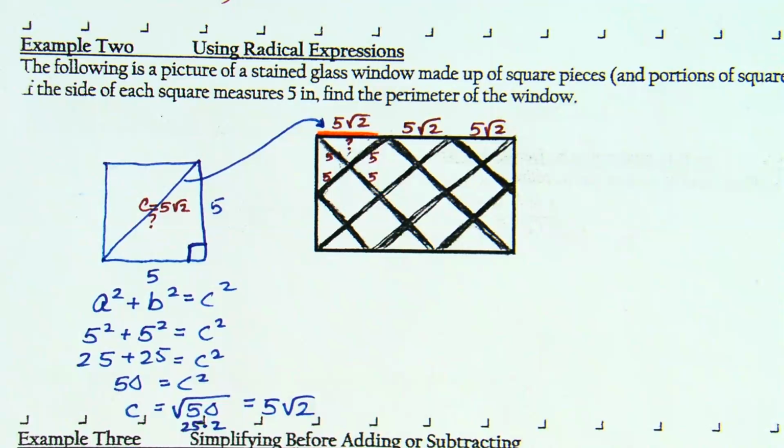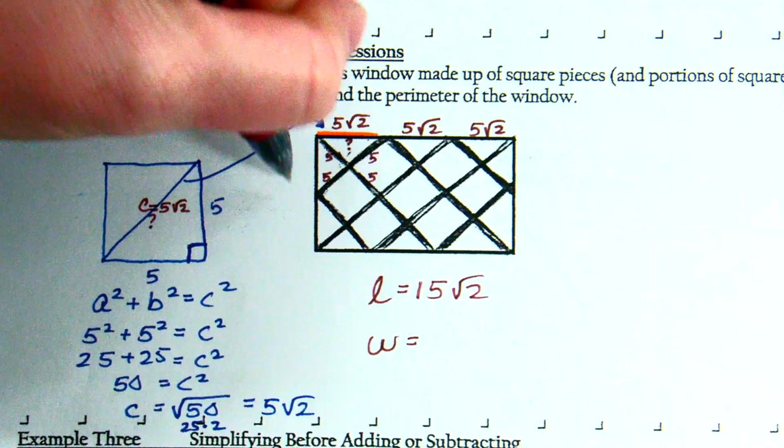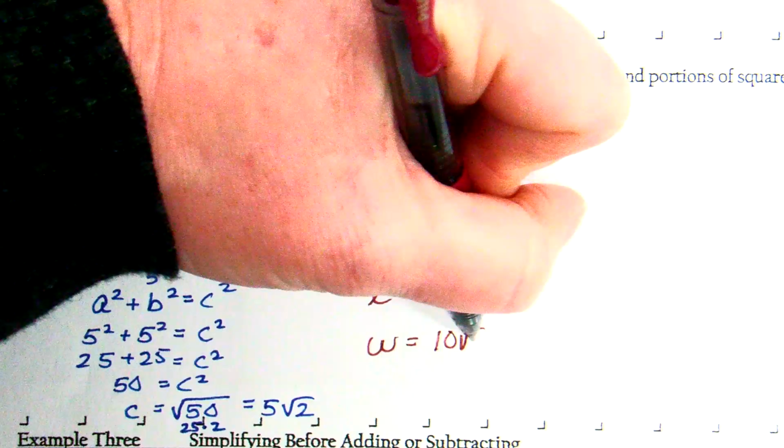So what is that total length of the window? 15 square root of 2. And then have you figured out your width? The width has 2 of them, right? So 5 square root of 2 plus 5 square root of 2 is 10 square root of 2.